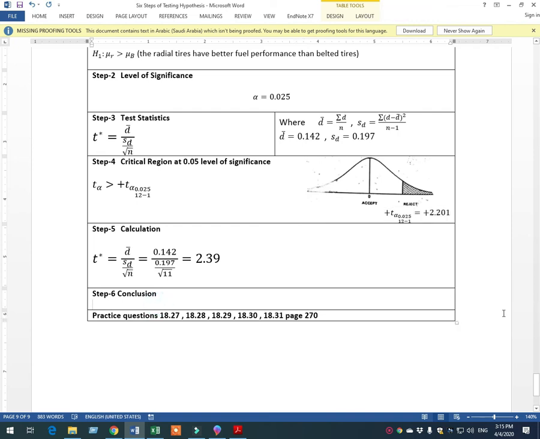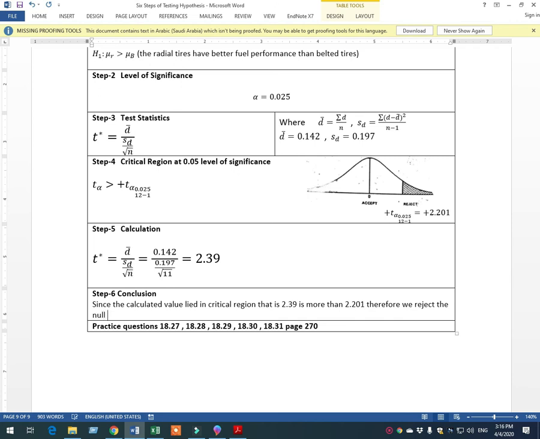So according to my calculation, according to this practice, we can conclude that since the calculated value lies in critical region, that is 2.39 is more than 2.201, therefore we reject the null hypothesis.